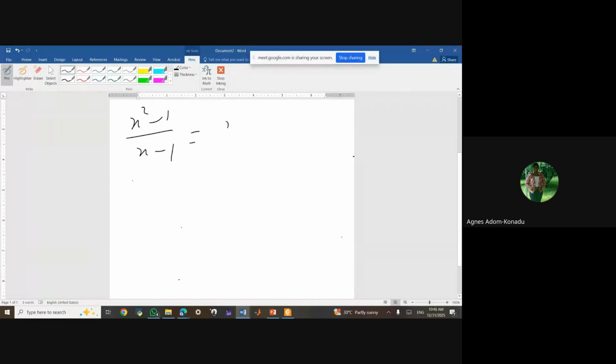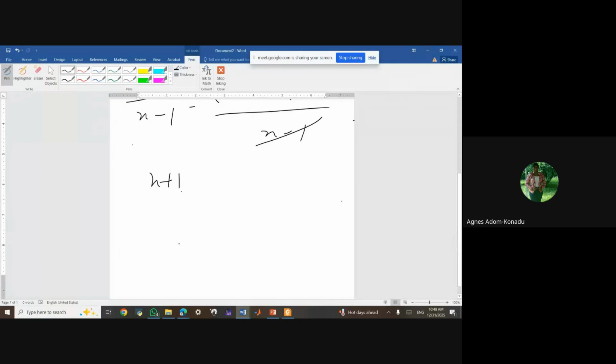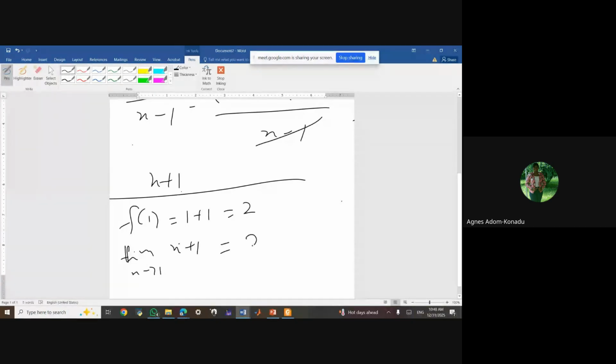When I simplify this, I have x plus 1 times x minus 1, all divided by x minus 1. This cancels with this, then I have x plus 1. For continuity, I have to find f of 1. The value given is 1, so f of 1 will be 1 plus 1, which is 2. Then I find the limit as x approaches 1 of x plus 1, and this will also give me 2.